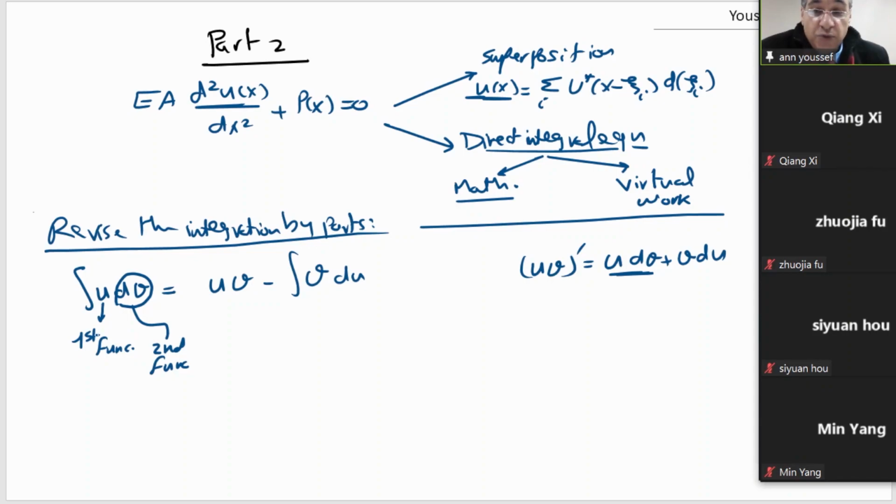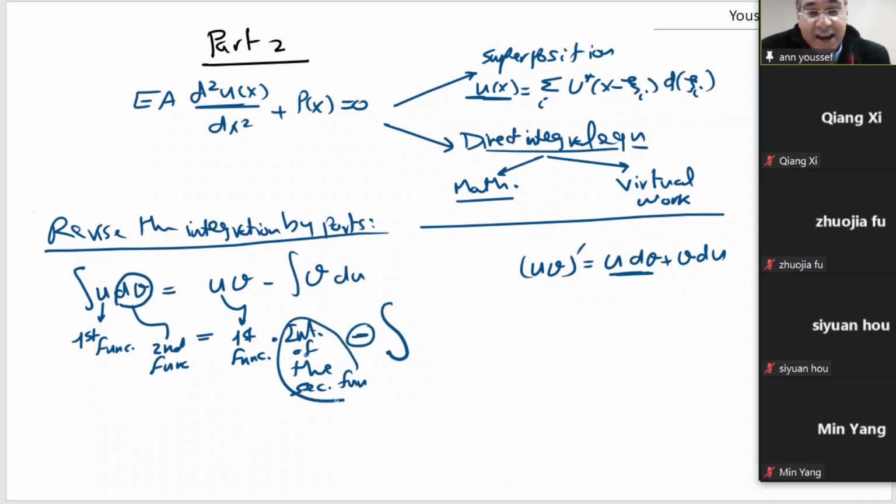So actually, we can read it like this: it is equal to the first function times the integral of the second function, minus the integral of the second function times the derivative of the first.